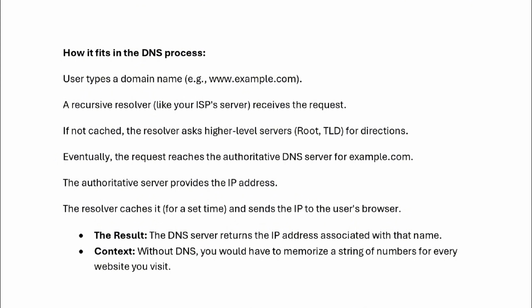Context. Without DNS, you would have to memorize a string of numbers for every website you visit. So what does context mean? If there was no concept of DNS, instead of typing google.com, you would have to put the actual IP address to get into that site. You would be doing something like 192.128.8.2 and enter.